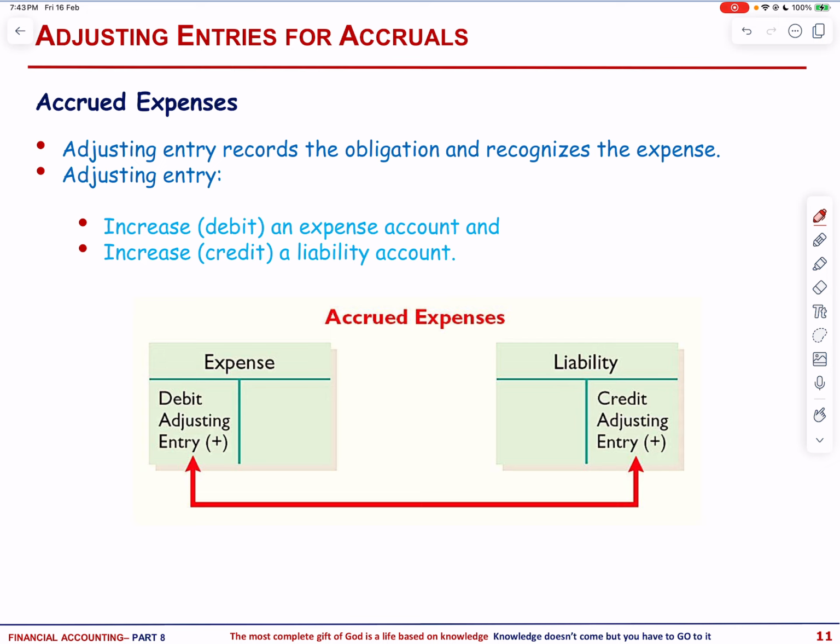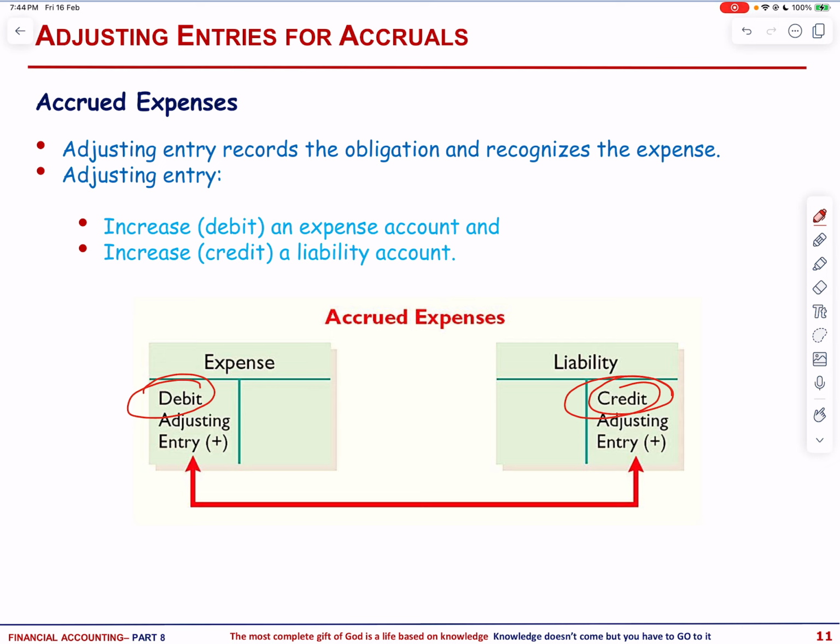Before adjustment, both liabilities and expenses are understated, so the adjusting entry for accrued expenses debits the expense account and credits the liability account. This adjustment ensures accurate reporting of both liabilities and expenses.